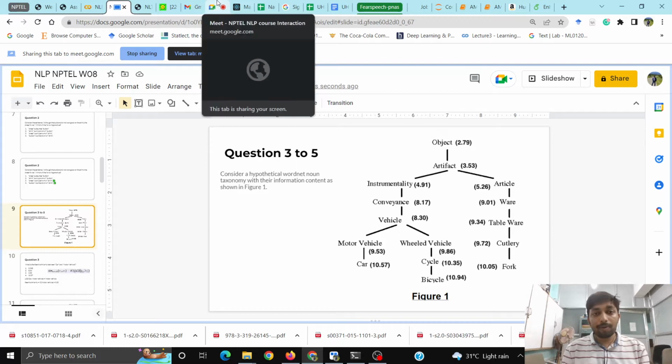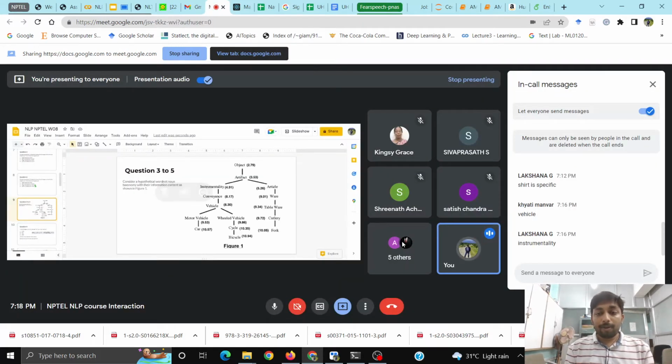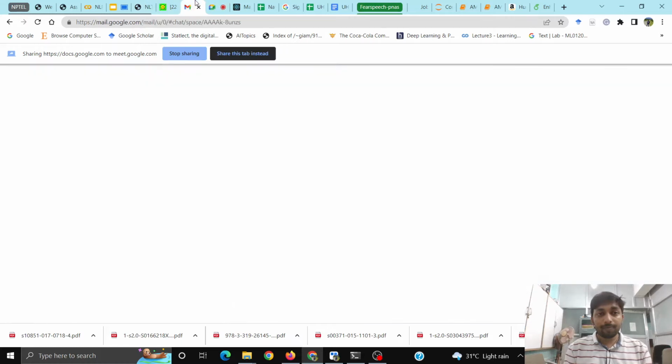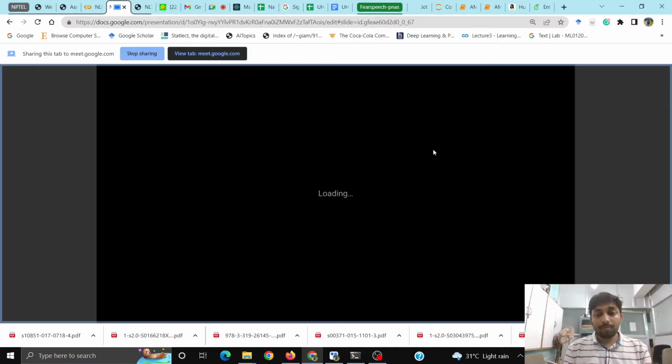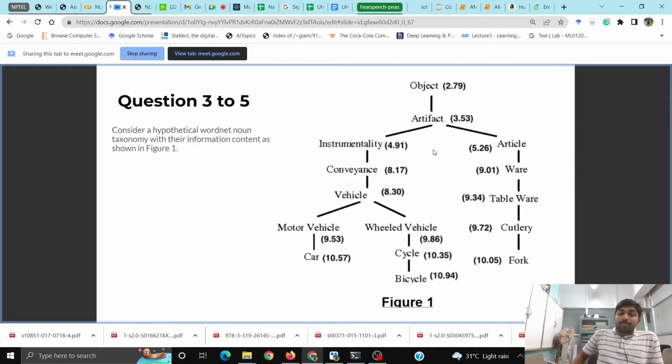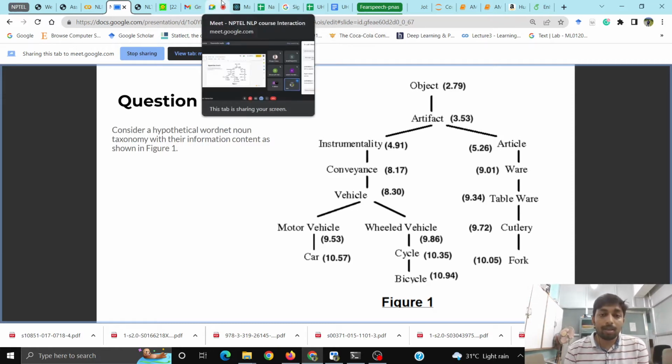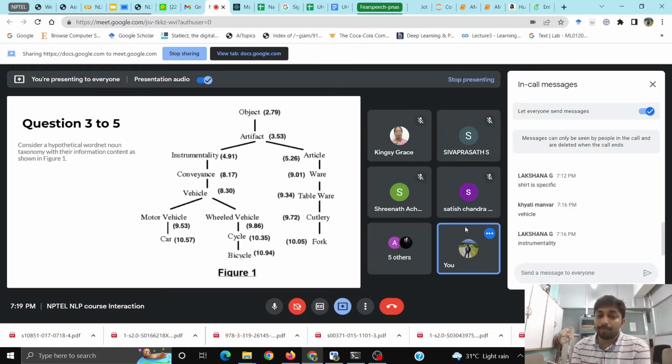So what will be the final value using this graph? Can you tell what will be the final value of this Lin similarity? You just have to put in the formula and then calculate using a calculator or something.